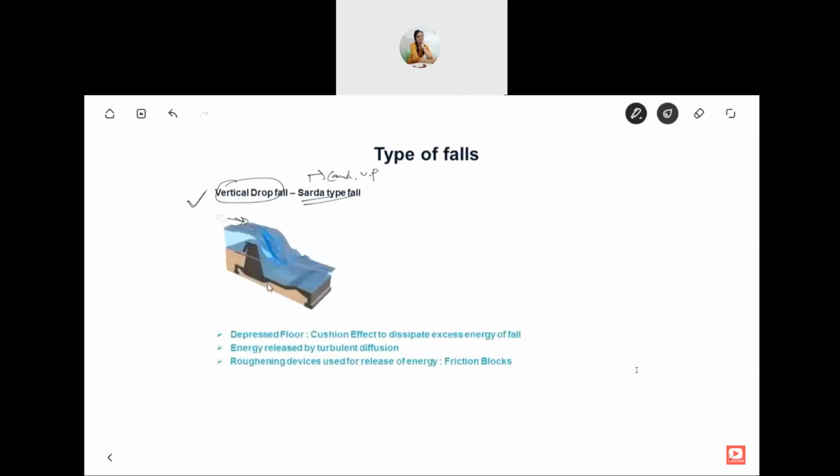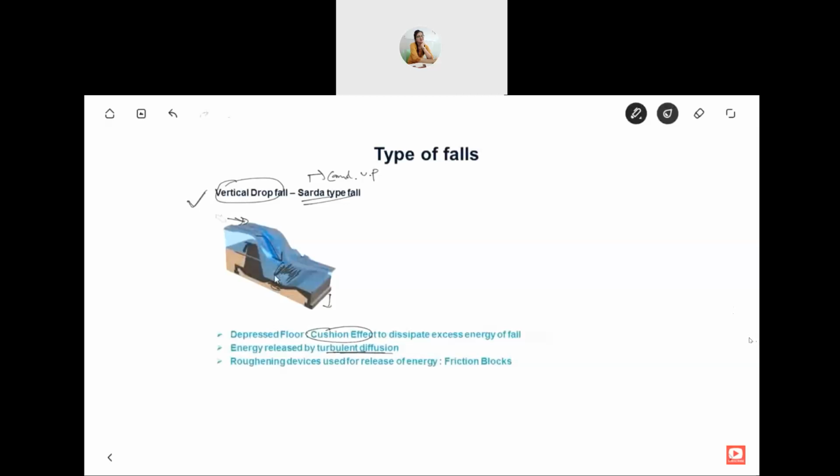And then you provide a depressed floor. If you see, the height of this is greater than the height of this area. So you provide a very depressed floor. When you provide a depressed floor, there is some sort of cushion effect. When water falls, there's a cushion effect where energy is released by turbulent diffusion.